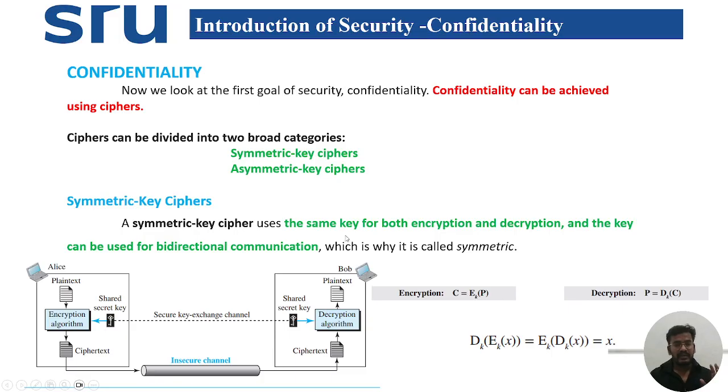Here the sender and receiver use the same key for the encryption and decryption of the data. The role of the key is bidirectional, which is why it is called a symmetric method. First encryption, and after that decryption. This is the original one.